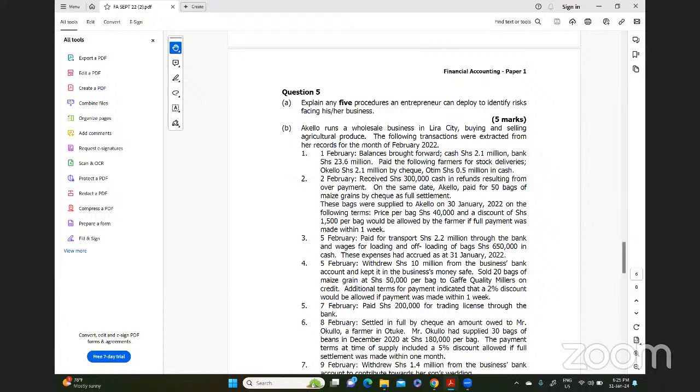Okay, so the question here is what differentiates a 2-column or 3-column cash book from a ledger? Now, when we get to ledgers, I never wanted to go there now, but we're going to look at it today. In ledgers, we have what we call a general ledger, where all transactions relating to elements are recorded.